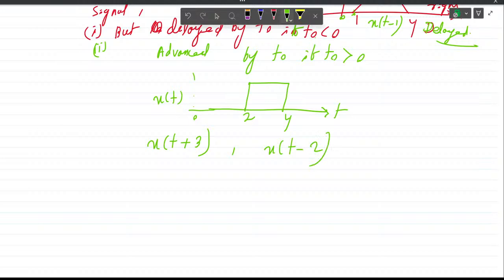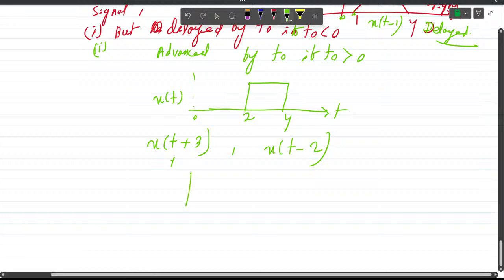So what do you understand by this first one, x of t plus 3? That means it is shifted left or right? Because it is an advance, it is always shifted left, so it will be shifted left by 3 units. It is the same signal but shifted left.